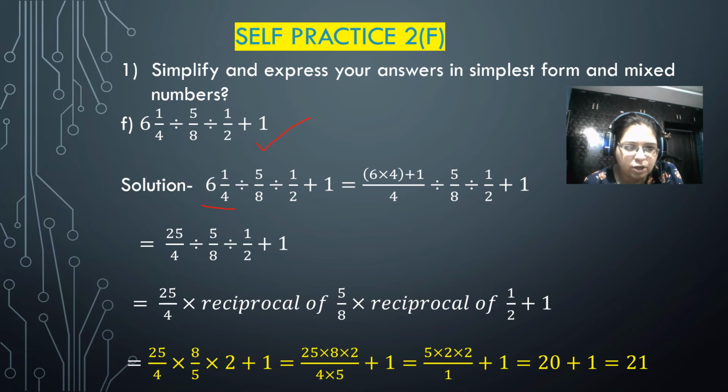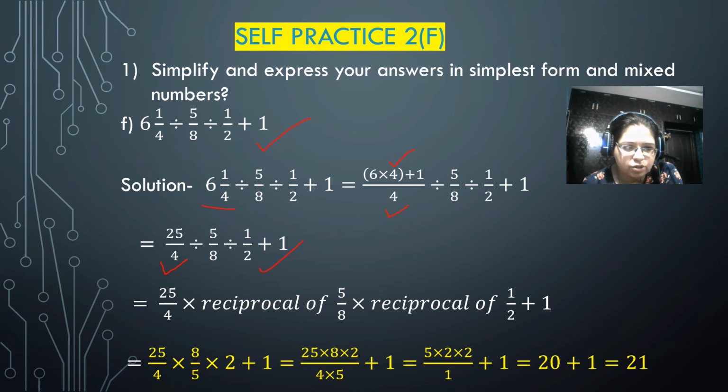Just multiply the denominator with the whole: 4 multiplied with 6 plus numerator 1, divided by 4. 4 times 6 plus 1 is 24 plus 1, which is 25. So 25/4 is the improper fraction of the mixed fraction 6 1/4. Then ÷ 5/8 ÷ (1/2 + 1).